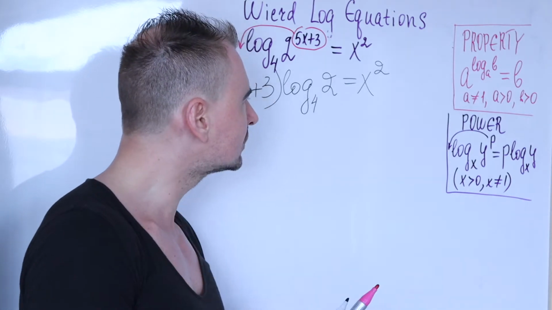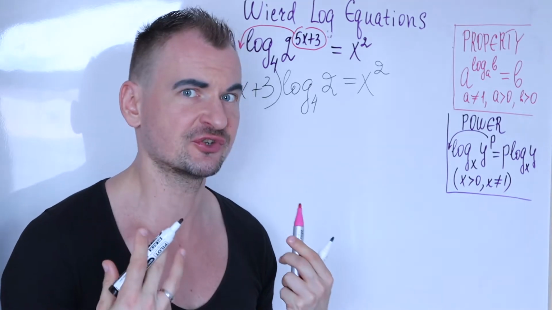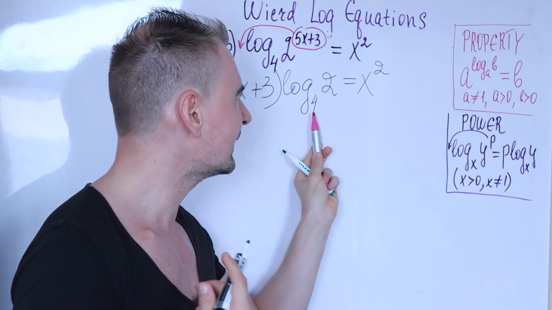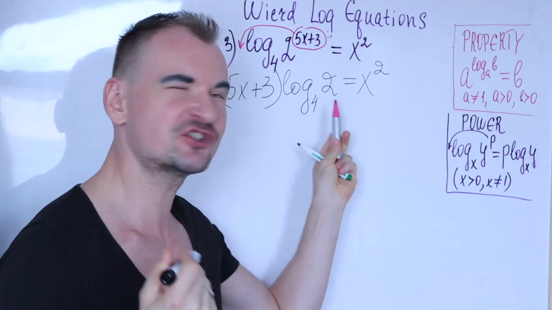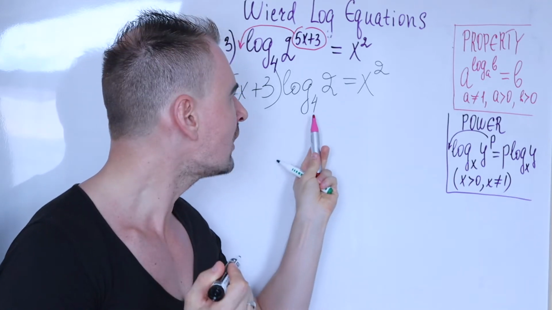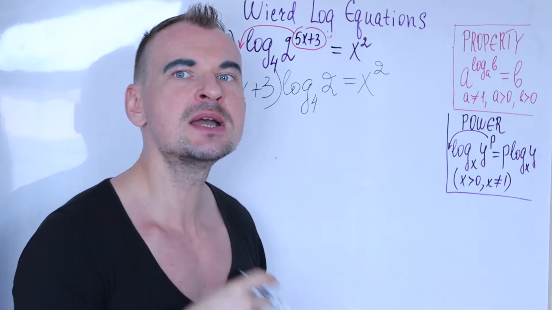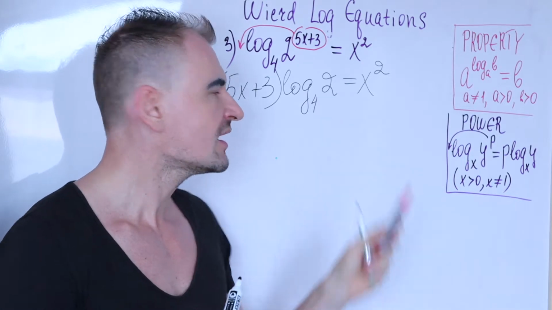Or if you're kind of experienced, you could just ask yourself, what power must this little base 4 be raised to in order to produce this 2?